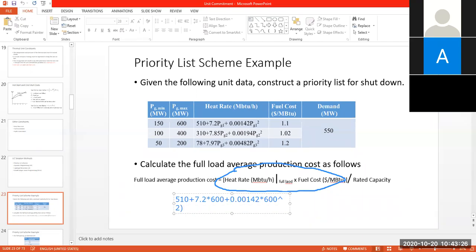So you get the bracket here. You multiply it by 1.1, divided by the full load of unit number 1, divided by 600. Okay, this is how you do it. If you calculate it, whatever value you get is your full load average production cost, and similarly you can calculate for the others.